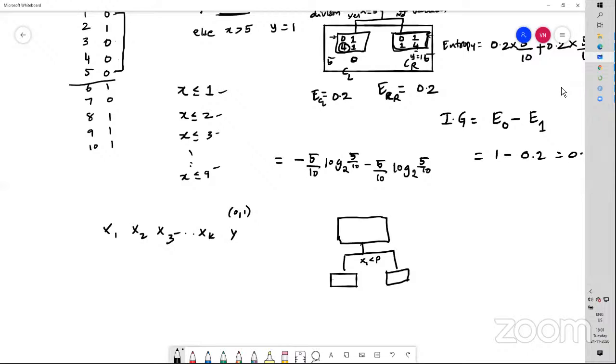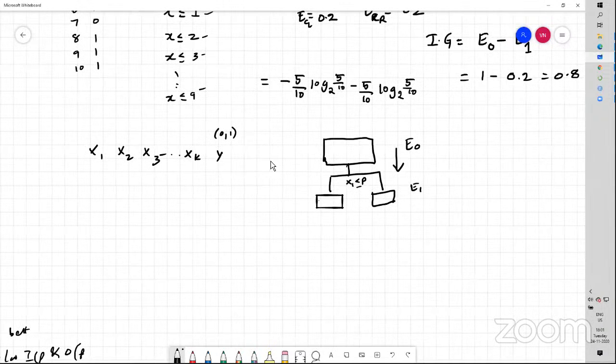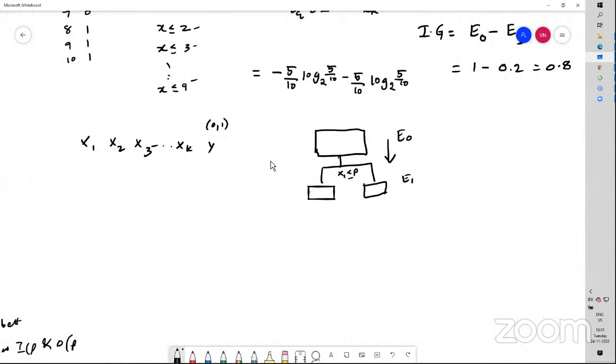Whichever variable gives the maximum decrease from E0 to E1, that variable will make this root node split. So we have to compute the entropy of the root node. We have to compute the entropies of all possible splits in x1, x2, x3, all the way up to xk.